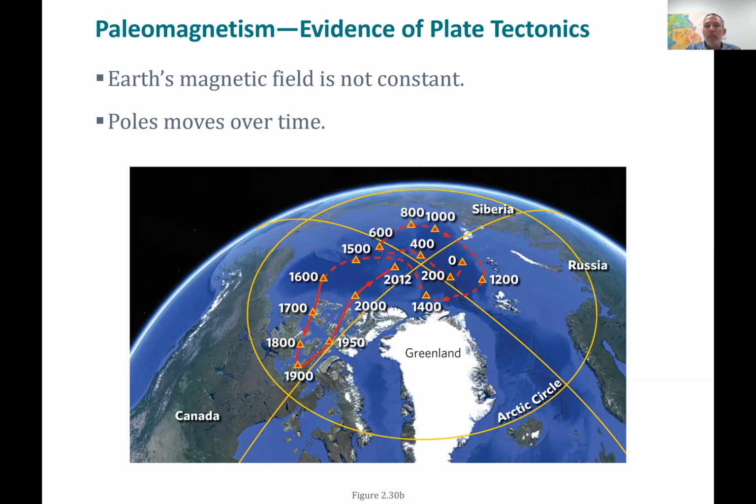And so we've got a couple of different factors that we have to parse out: what's moving, and how does this relate to plate tectonics?